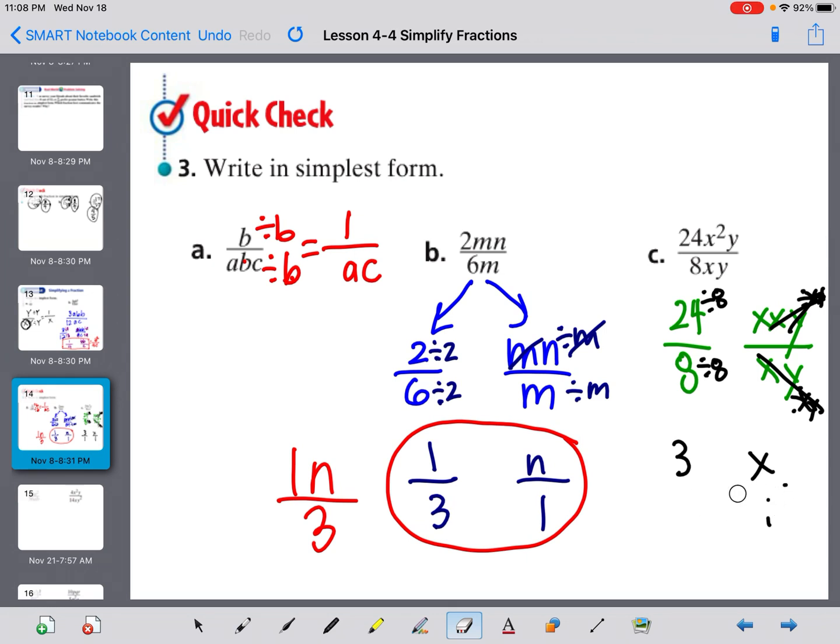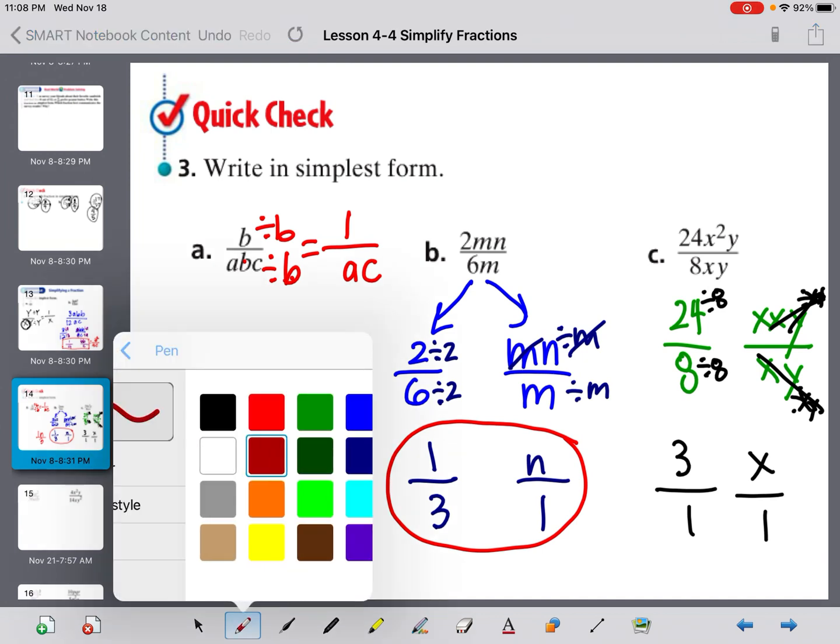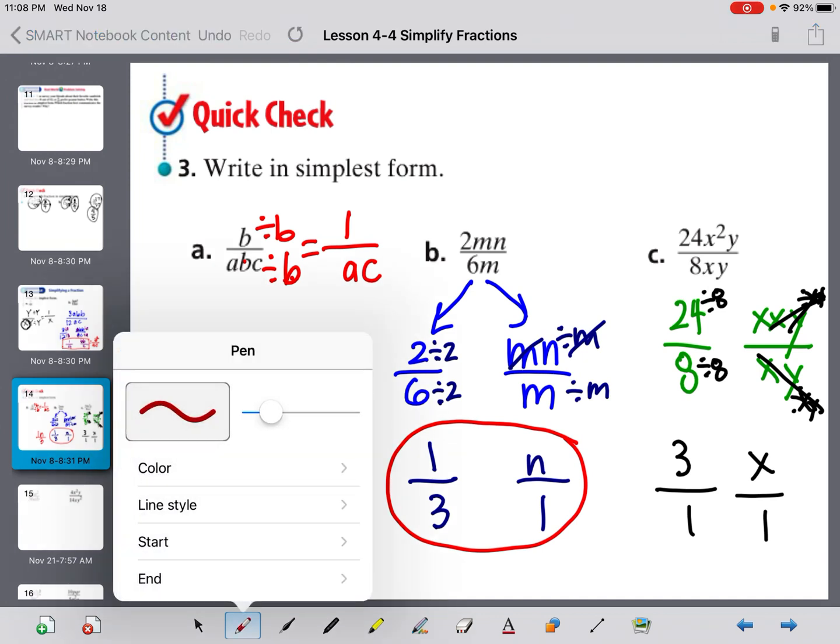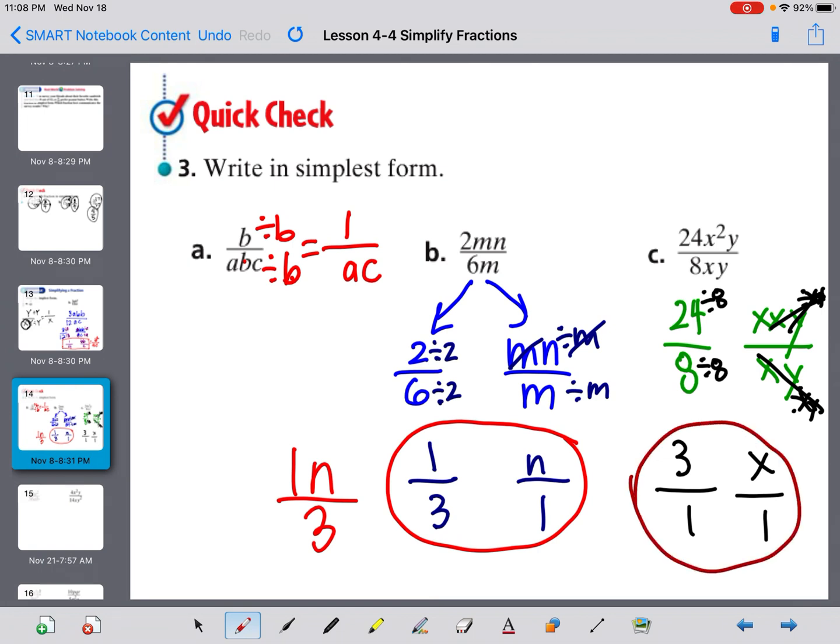Now you don't need a 1 on the bottom. But if it was there and you smushed it back together, that's the not math word of the day. What's this telling me? A 1 on the bottom tells me that 3x is a whole number.